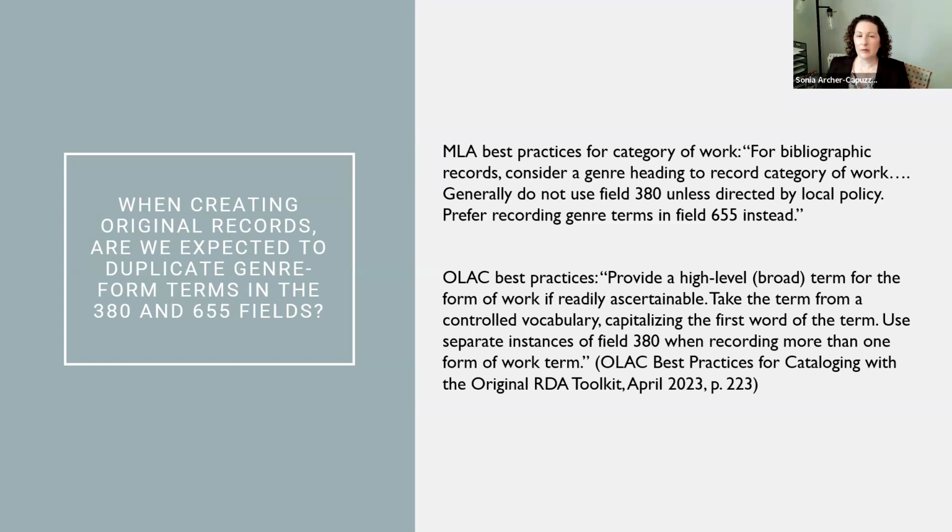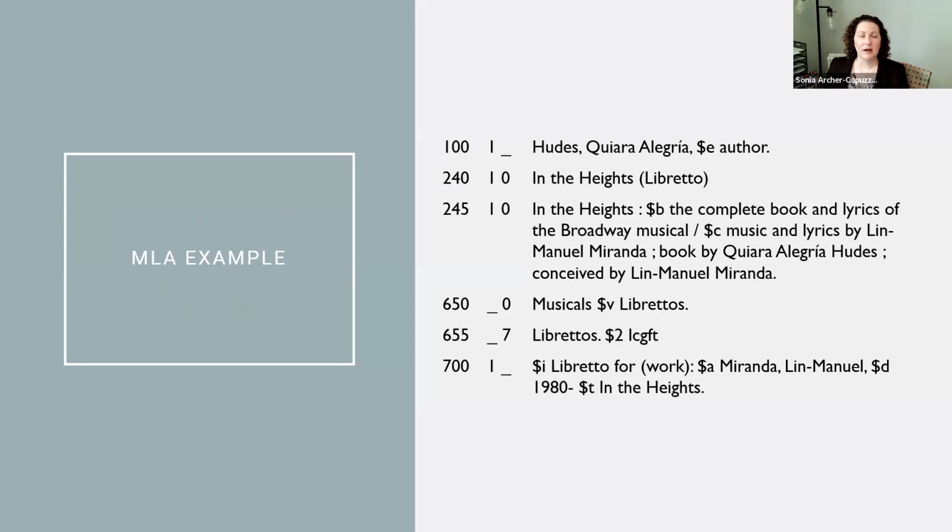I went out and looked at the OLAC best practices because I was wondering, are they talking about authority records here? Because that would be a different case. But among their examples, which I'll show you in a minute, they actually showed having both. And there's an interesting example to that effect. All right, so there was an ESS task group that dealt with this.